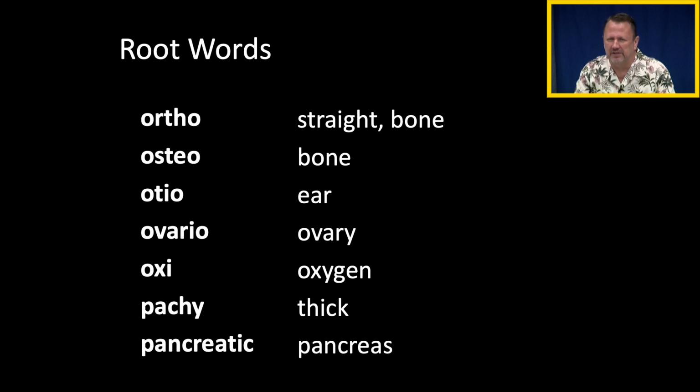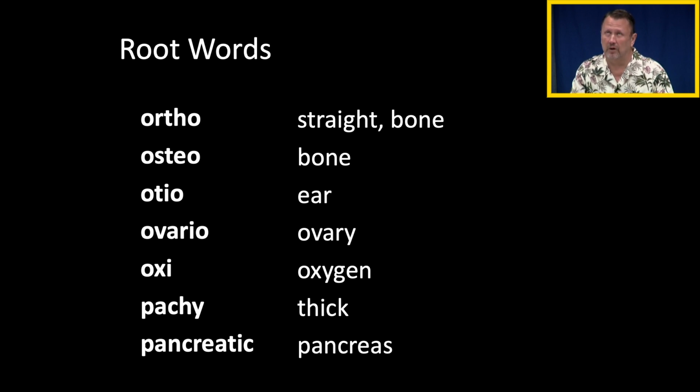Osteocytes are the cells that make bone, and osteocytes are the ones that are involved in bone metabolism, and we'll talk about those when we talk about bone metabolism. Odo or otio can also refer to the ears. Ovario, that makes sense, that's ovaries. Oxy has to do with oxygen.